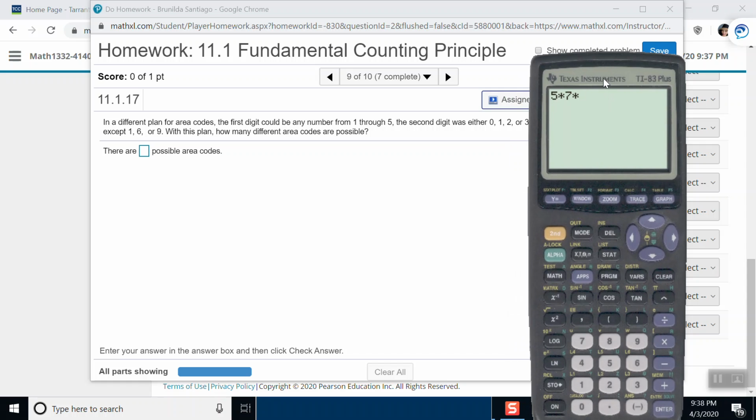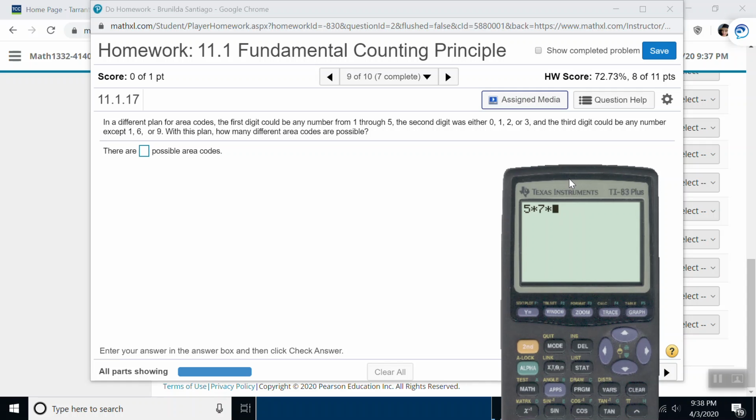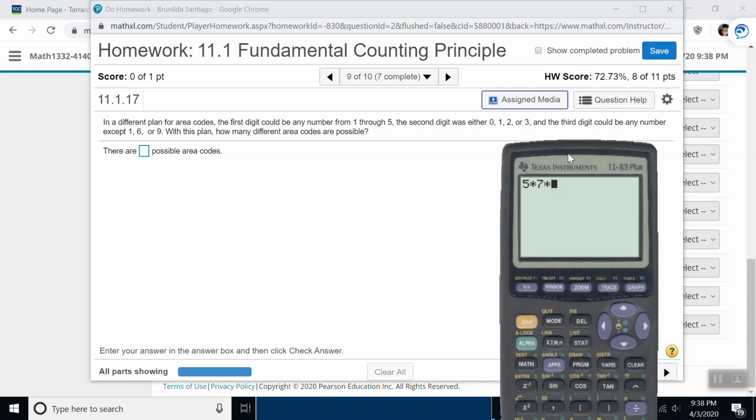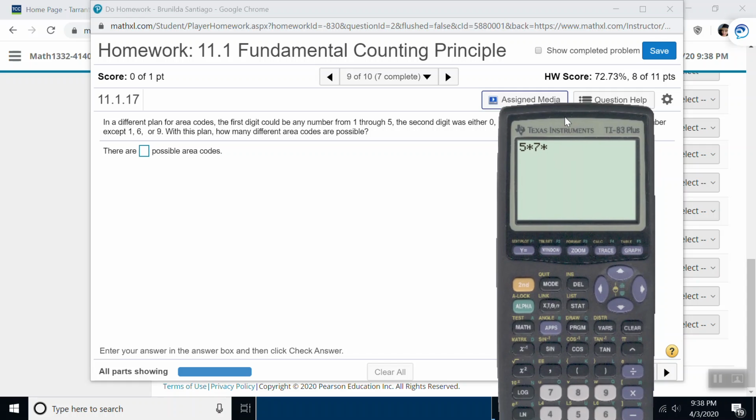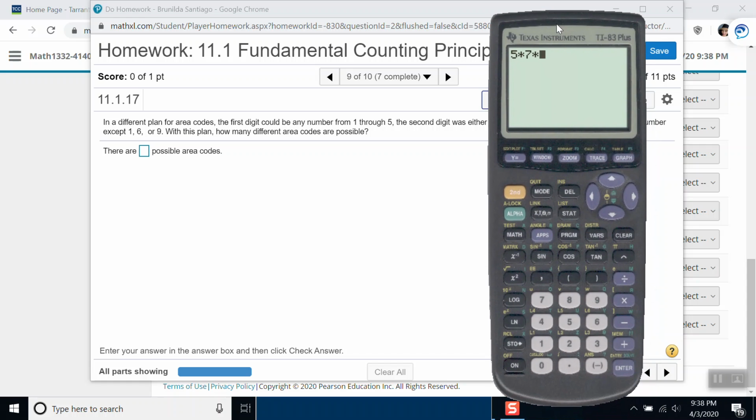Then the last digit, it says the third digit could be any number except 1, 6, or 9. So it cannot be a 1, 6, or 9, but it can be a 2, a 3, a 4, a 5, a 7, or an 8. So that will mean I have 6 choices. Let me go over that again. The digits go from 0 to 9.